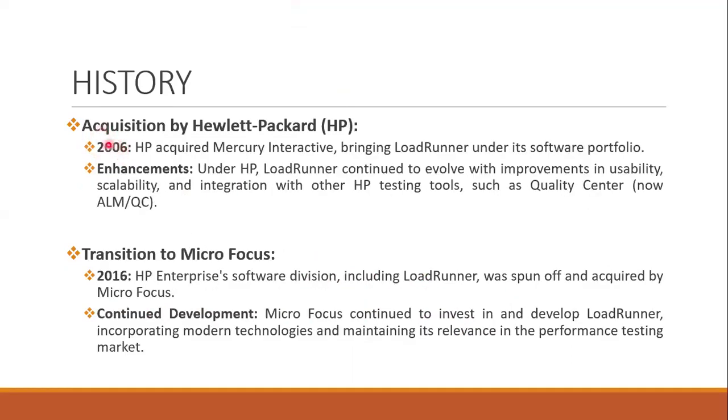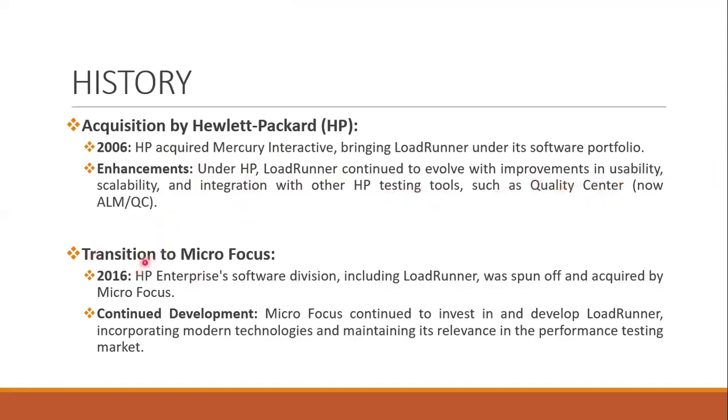Later in 2006, HP company acquired the LoadRunner tool from Mercury and it became HP LoadRunner. Under HP, LoadRunner underwent significant improvements in usability, scalability, and integration with other HP testing tools, especially Quality Center.